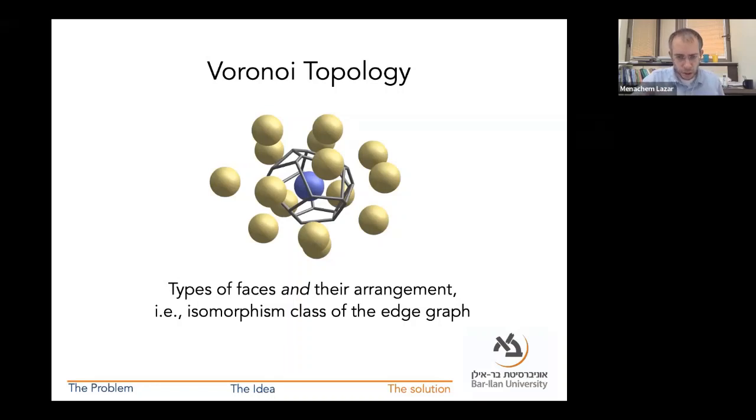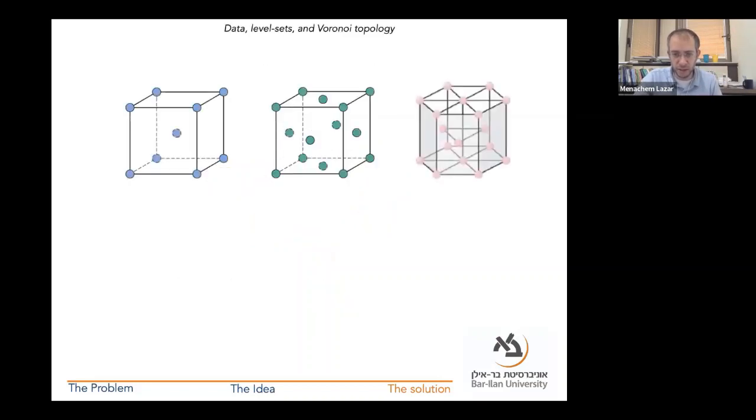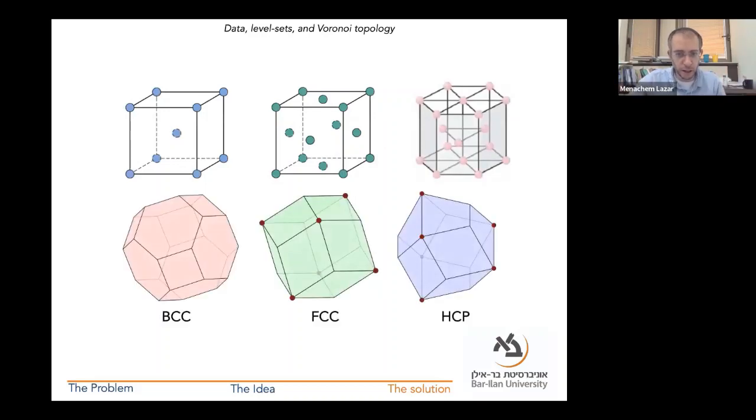Now we can classify arrangements of particles using these Voronoi cells and their topology. That's what we're going to end up using when we go back to the configuration space to break it up using this classification.